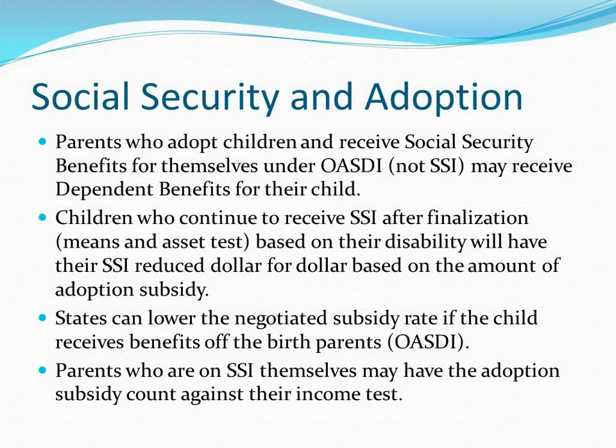It's something the Social Security Administration makes a determination on. So let's say birth mom died and child receives $400 a month in survivor's benefits on her record. The state can, but is not required to, reduce the adoption subsidy based on that other benefit, that survivor's benefit.